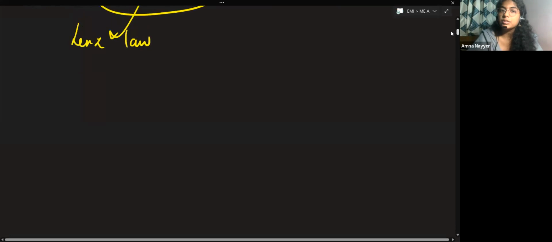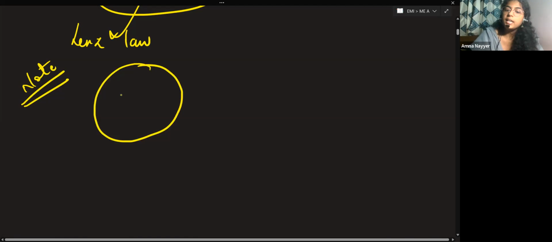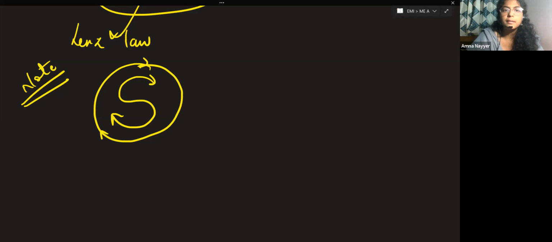A very quick revision of what we have already done, then only you'll be able to understand certain things. If south polarity is developed, to check the direction of current, just write S, put the arrows, and go along with the arrow. That will give you the direction of current.